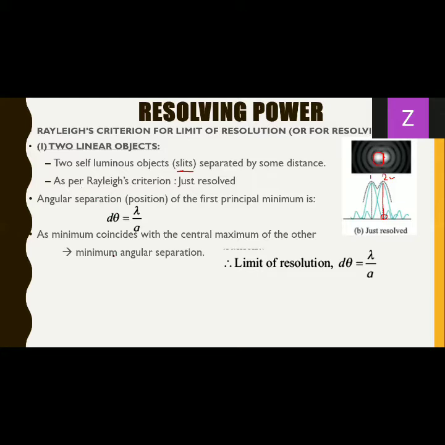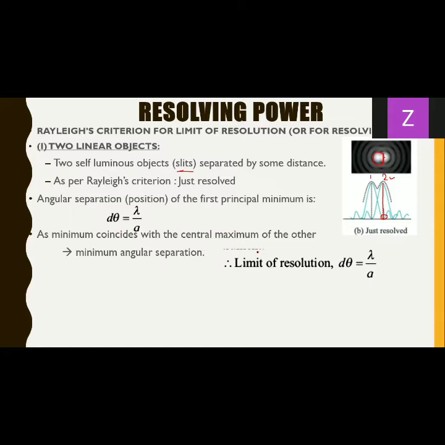Once again, as the minima is coinciding with the central maxima, the separation between them is minimum. That is the angular separation between the two objects. What is the limit of resolution? The smallest separation possible so that the two objects are distinctly visible. Therefore, the limit of resolution is given by d theta, which is lambda upon a.